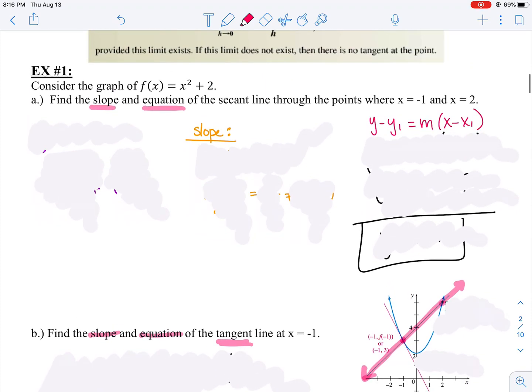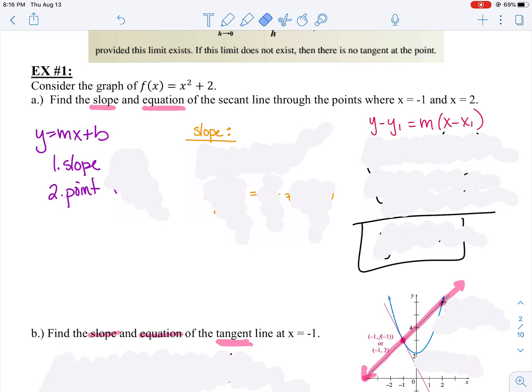Well, there's 2 things I need for an equation of a line. And I need my equation to probably be in slope-intercept form, y equals mx plus b. And in order to find an equation of a line, I need a slope and I need a point. Well, they actually don't give me either a slope or a point. They just give me 2 x values and an equation.